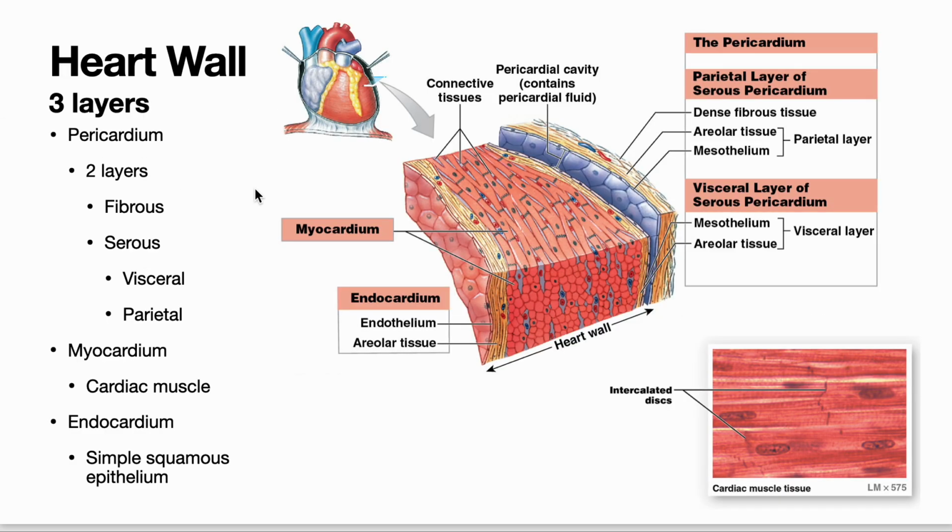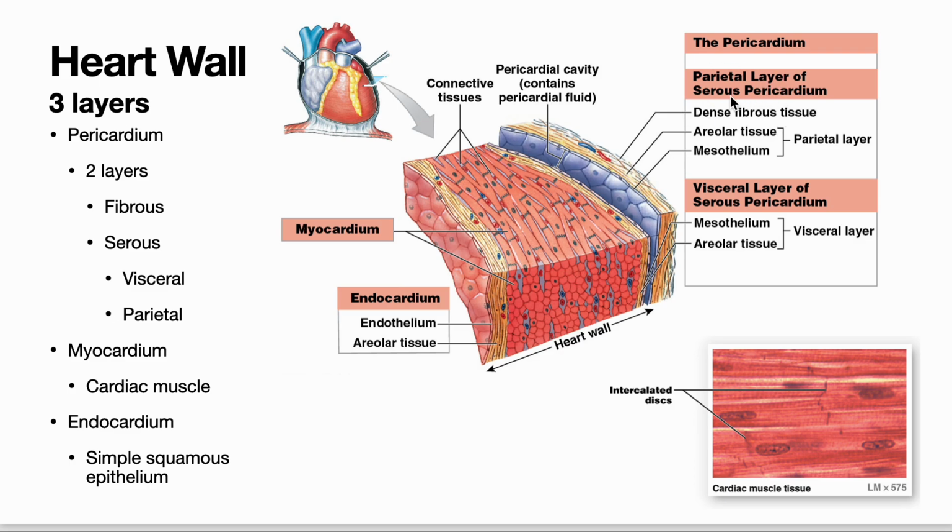And if we dig into the wall of the heart a little bit more, we'll find that it has 3 layers. So we were just talking about the outside. So there's that pericardium with the parietal layer of the serous membrane. And then if we come across the pericardial space, we'll come to the visceral layer of that serous membrane. And we could even think about all of these specific tissue types that are in each of those layers.